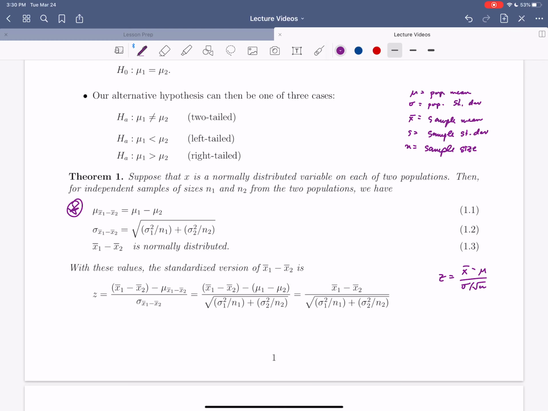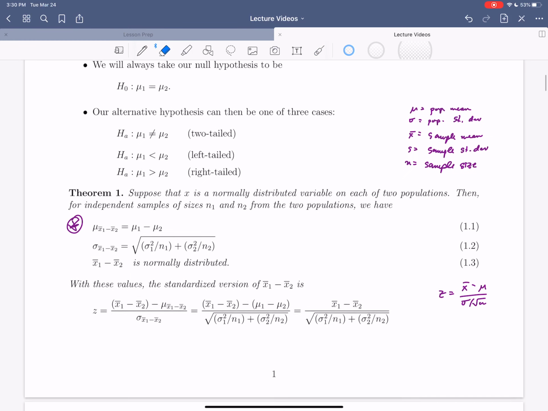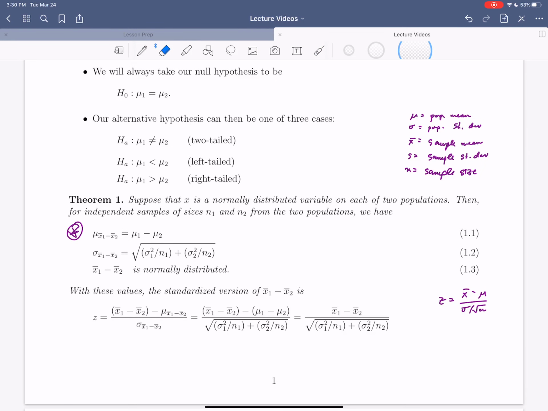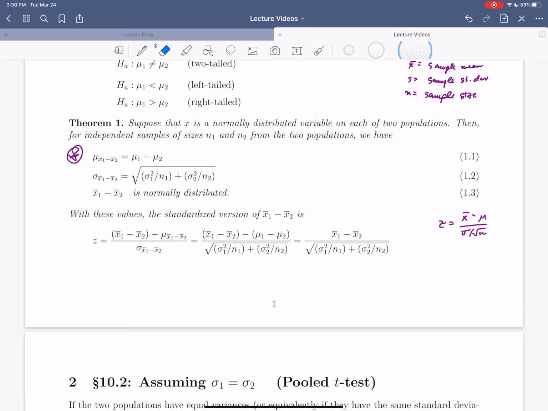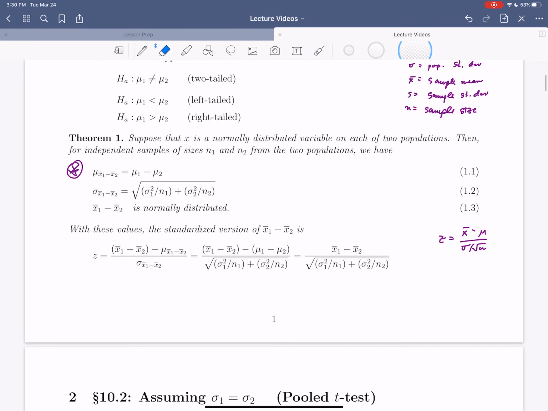So these are our formulas. But again, we'll never use the standardized version. That's just not tenable in practice. If you know the population standard deviations, then you also probably know the population means.